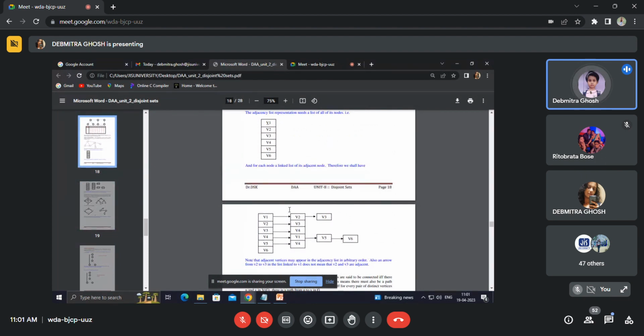You cannot make a graph from this list, it's impossible. You can say the number of vertices is 6, but from this one only you can say what the connections are. See, from here only you can say V1, V2, V3 are all connected, V2 and V3 are connected, V3 and V4 are connected. And from here you can say V6 is a child node and V3 is a child node.